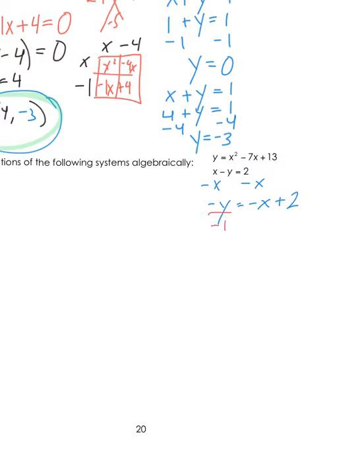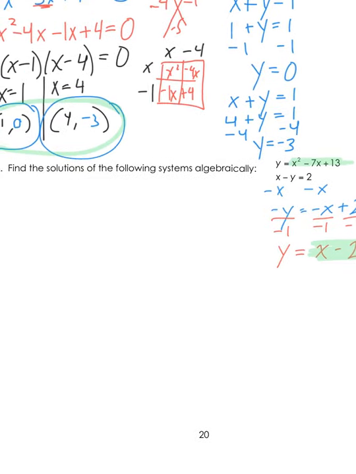I'm going to divide by -1. And every single term needs to be divided by that -1. And that's going to really just change the sign on everything. Now I have it set equal to y. So now that this is equal to y and this is equal to y, I can get rid of the y's and I can set them equal to each other.